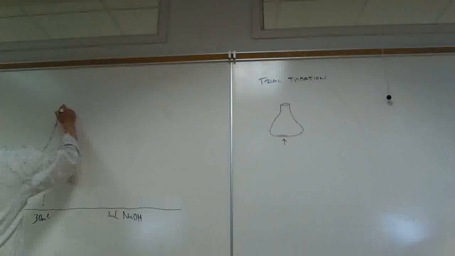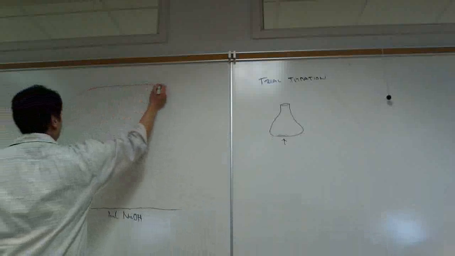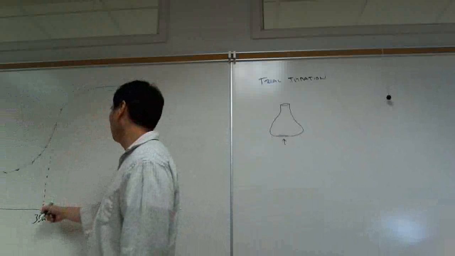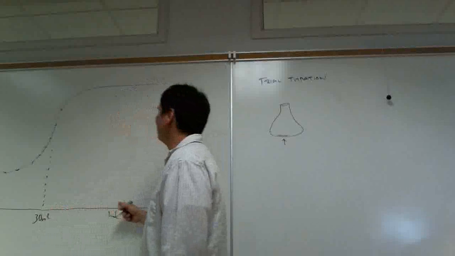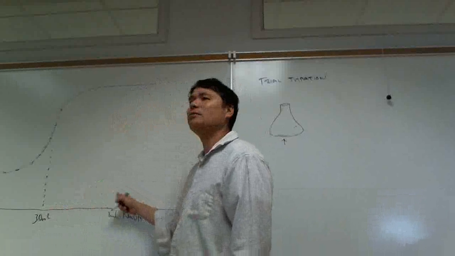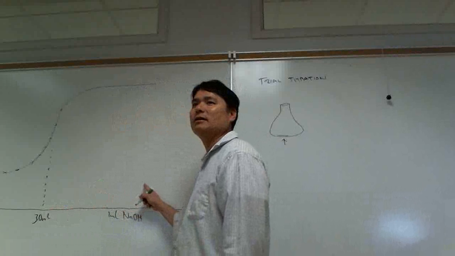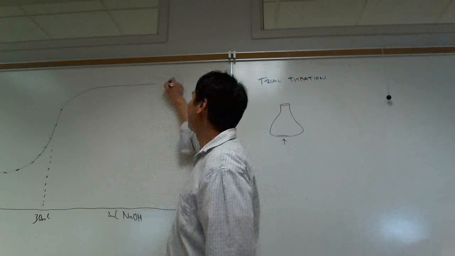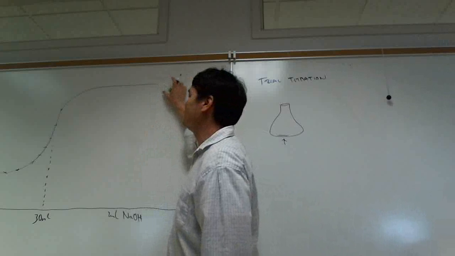And so this is why we're going to target 30 for the endpoint equivalence point, and that gives us another 20 milliliters that we can collect more data past the equivalence point. Obviously it's really going to flatten out, so we can increase the interval.